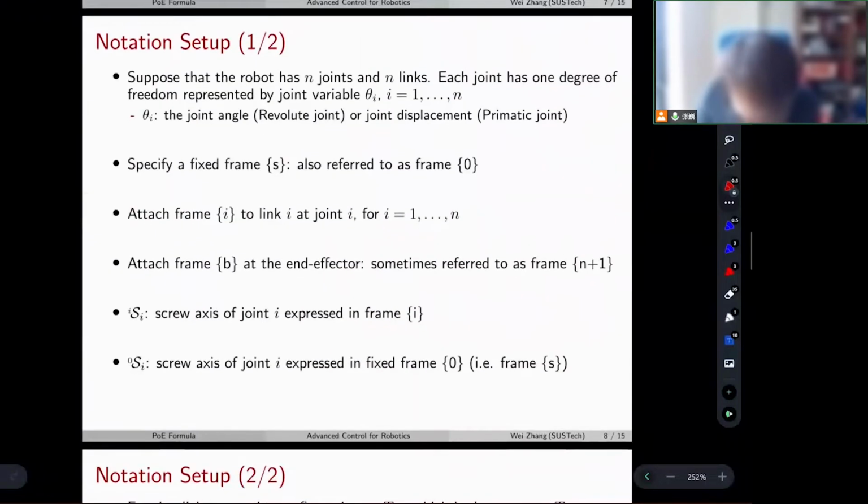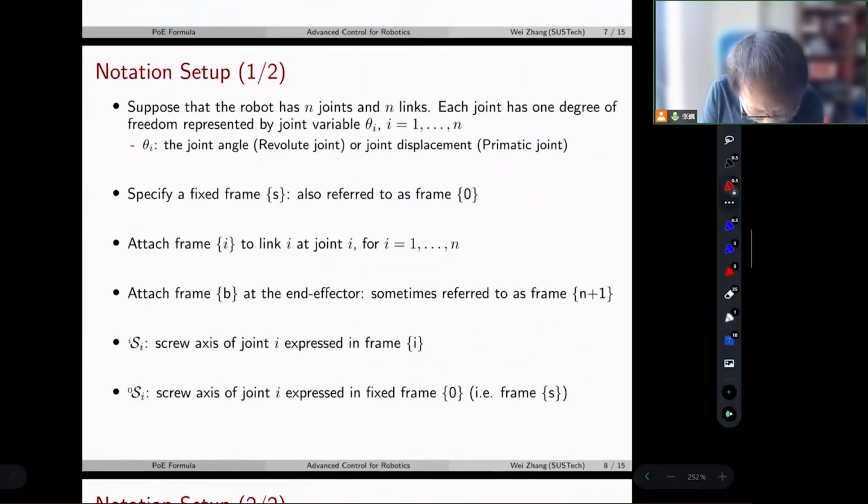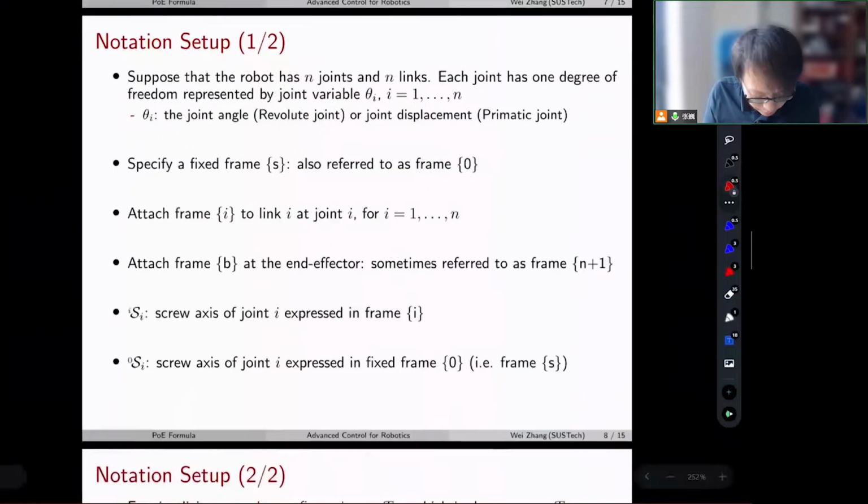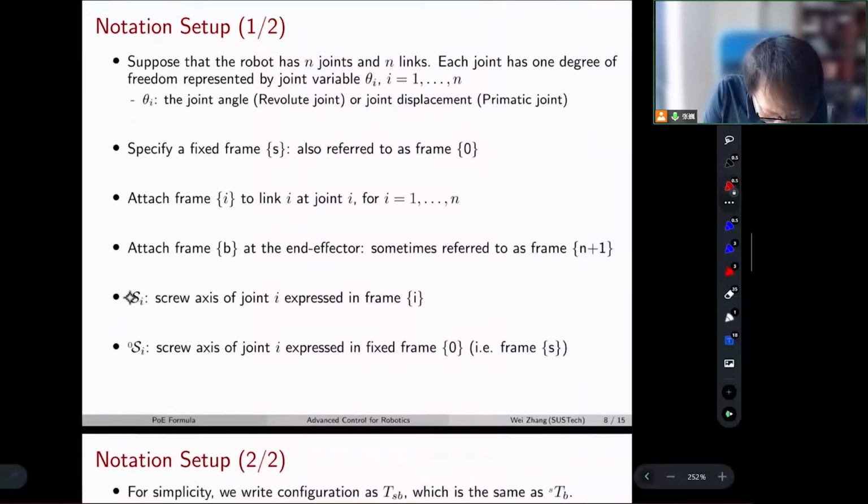So in general, we attach a frame i to link i at joint i, just like what we did before, and attach a B frame, our frame of interest for computing the forward kinematics. S_i in frame i is almost like a local coordinate of S_i.